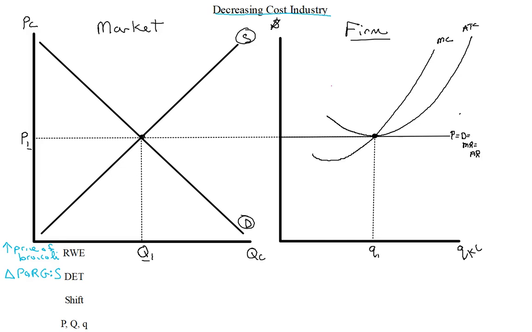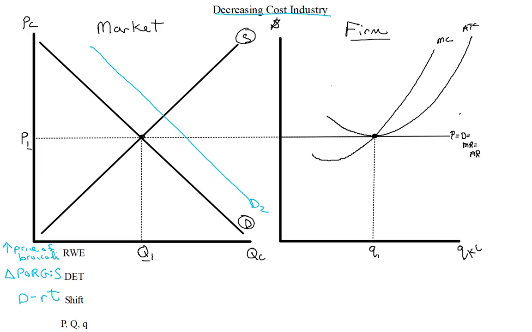The price of broccoli goes up, people go buy carrots instead. That's going to cause the demand curve for carrots to shift to the right.